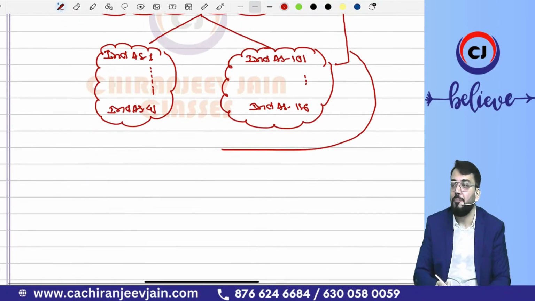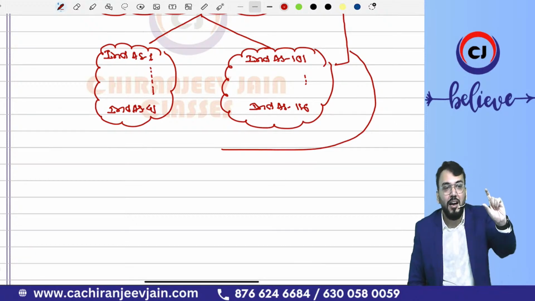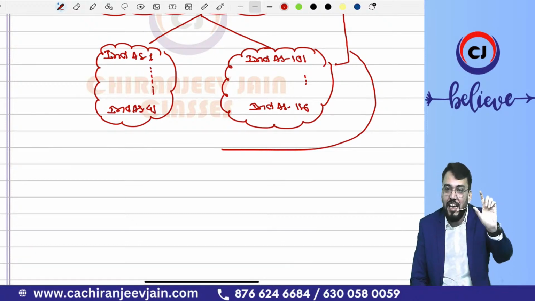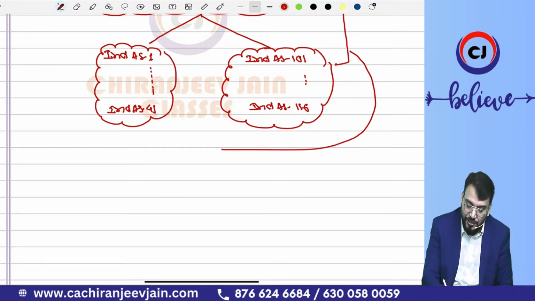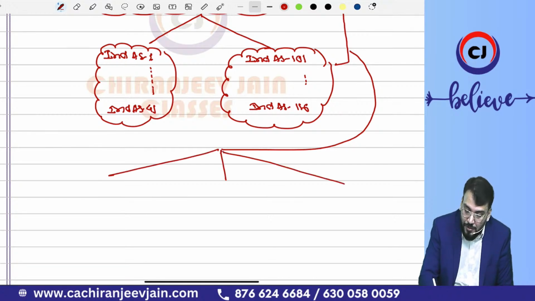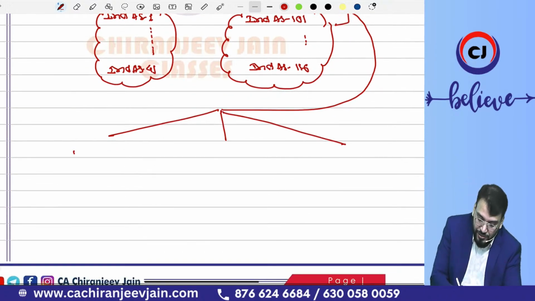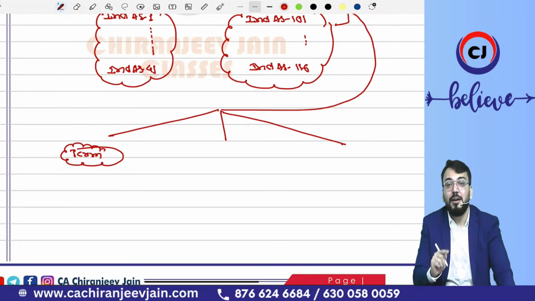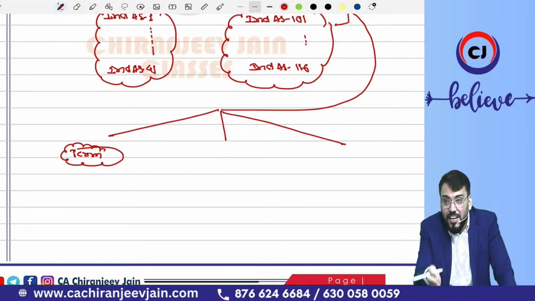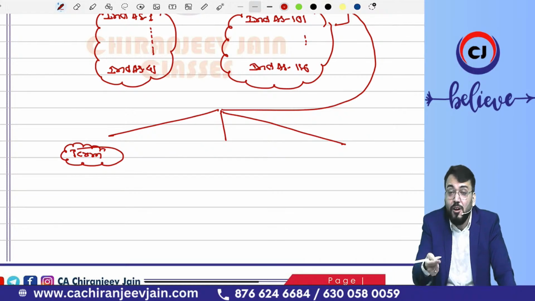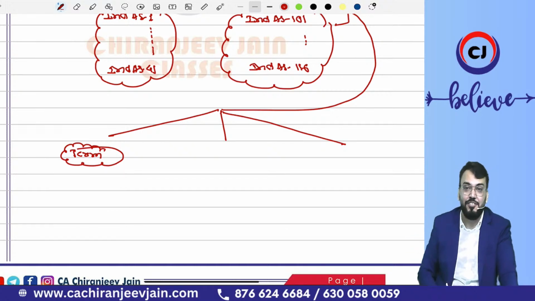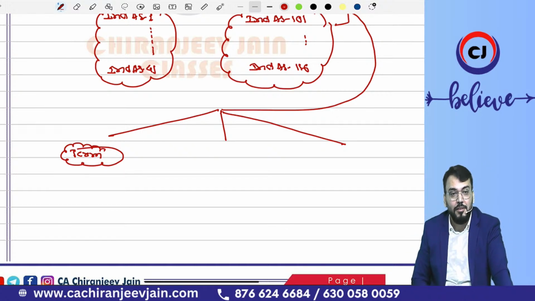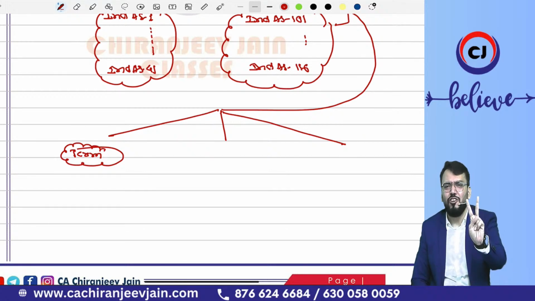There are three types of differences between IS, IFRS and Ind AS. First, terminology differences. Difference in terminology means the terminology used in IFRS is different from the terminology used in Ind AS. Basically, there are two terms which have been changed.